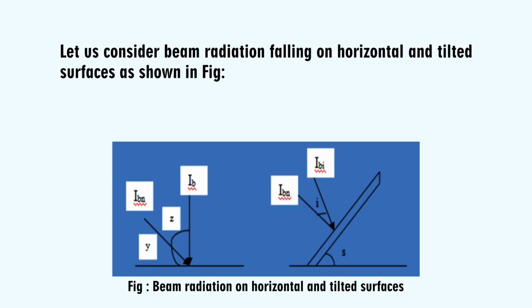Now let us consider beam radiation falling on horizontal and tilted surfaces as shown in the figure. Here you can see in the figure, IBN is the beam radiation at normal incidence, IB is the beam radiation on the horizontal surface, and the third term IBT is the beam radiation on the tilted surface.